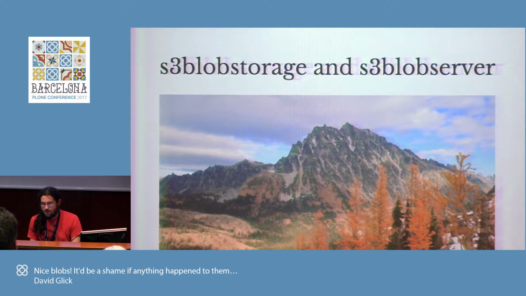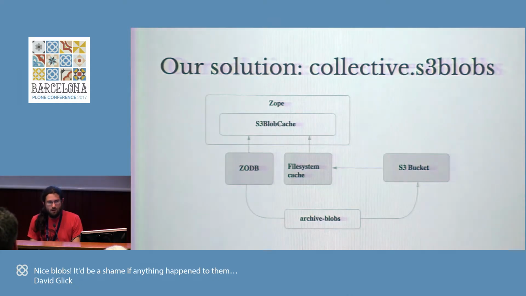So I came up with something that is a variation on a theme. It works a little bit like this. It's called collective.s3blobs. And what it is, it's this S3 blob cache that lives within your Zope client process and takes care of figuring out where to get the blob from. So the first place it'll look is the ZODB. Either with ZEO or without, it'll go load the blob like it would normally if it's there.